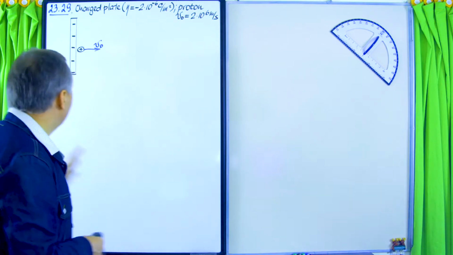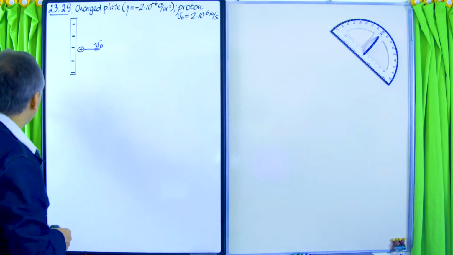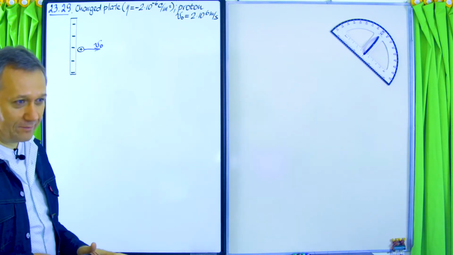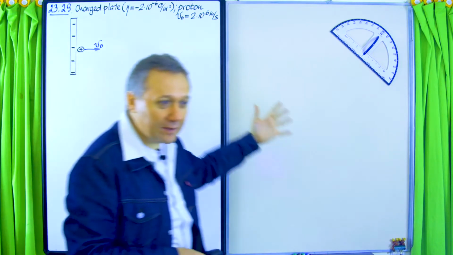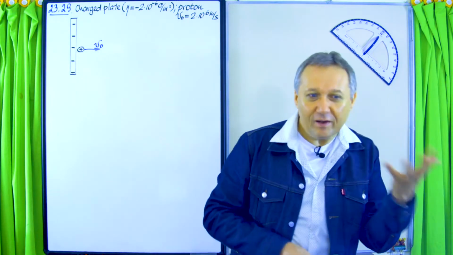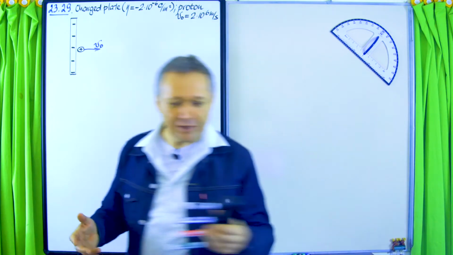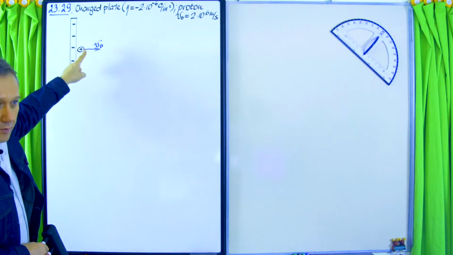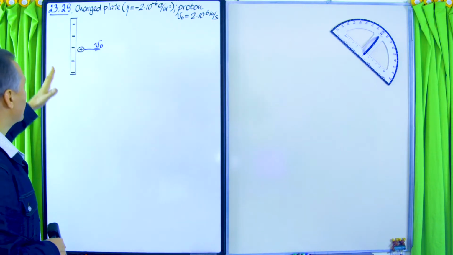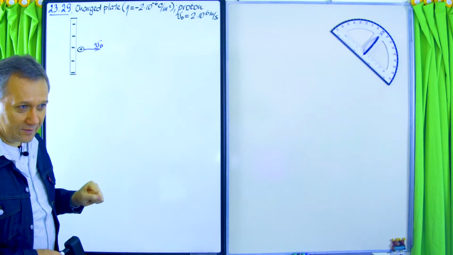First of all, before I start discussing what is going to happen to this proton, let me make the picture better. Let's draw electric field lines, because the electric field is an essential player in this game. The plate is negatively charged, so of course electric field lines end on this surface.